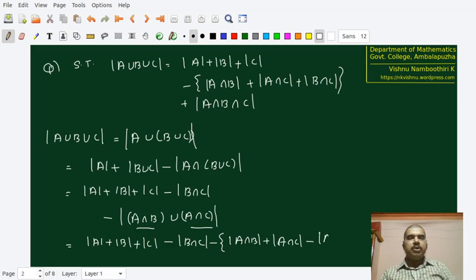Minus cardinality of A intersection B intersection A intersection C. Okay, now A intersection B, B intersection C, A intersection C, all are with minus signs.